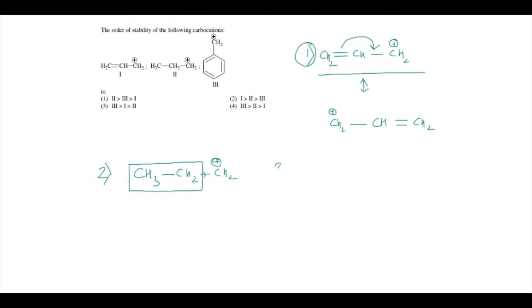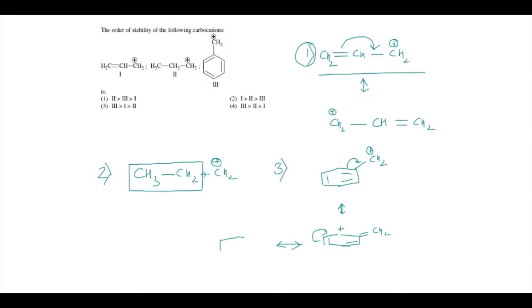Okay. In number 3, the primary carbocation is directly connected with the benzene ring. Now the benzene ring has lots of pi electrons in it, so it can easily delocalize the positive charge like this. So there are many resonance structures possible. The positive charge here, again these pi electrons can move.